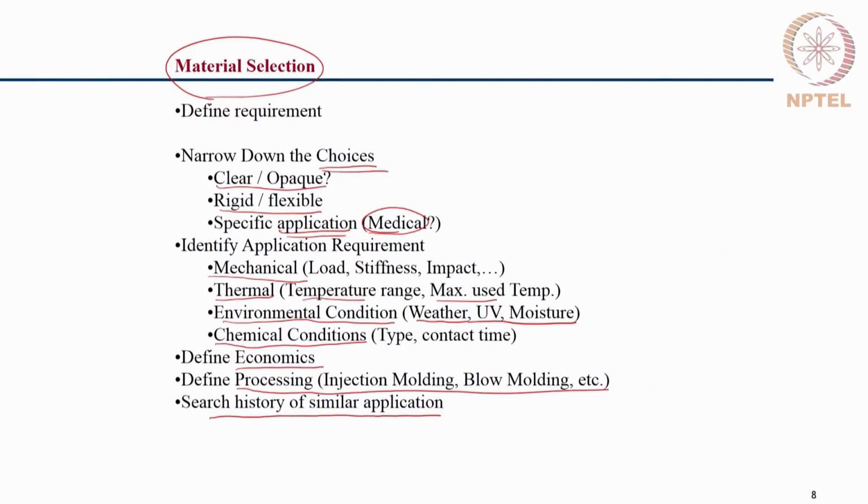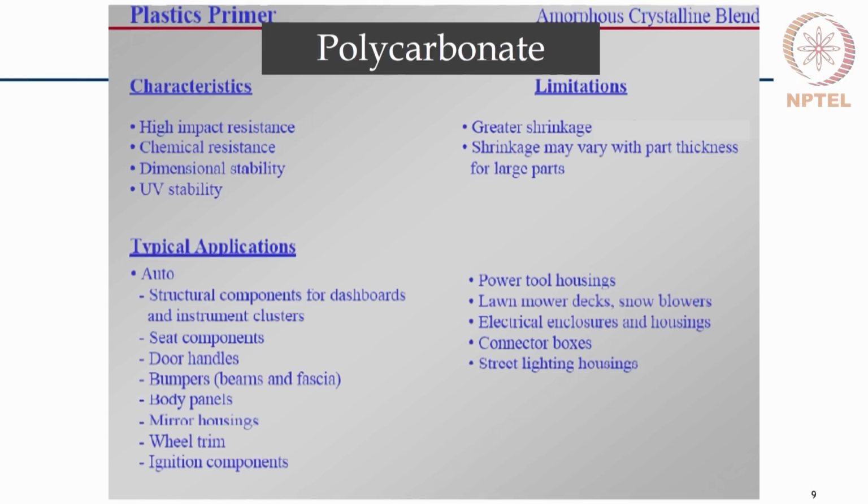So, this is a guideline for doing a material selection. There are a lot of materials that are available. There are guidelines available for choosing the materials based on the various characteristics. A few sample materials we will see.